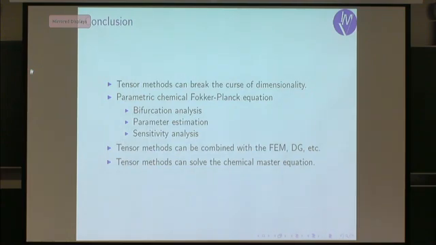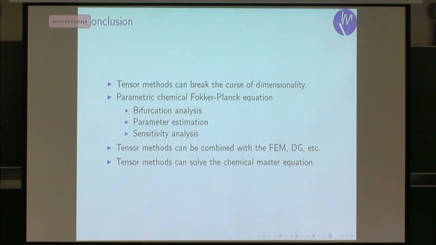This is just my last slide. I have shown you that the tensor approaches can break the curse of dimensionality, and that using these methods we are able to solve what we call the parametric chemical Fokker-Planck equation. This method can be used for bifurcation analysis, sensitivity analysis, parameter estimation, and things like that.